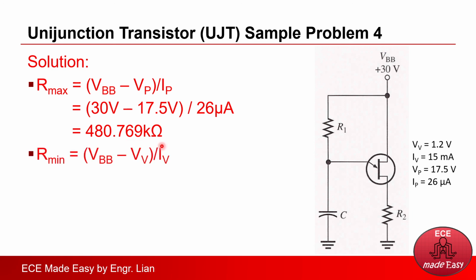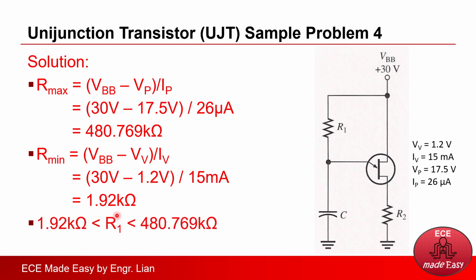For R min, VBB minus VV over IV, substituting the values shows a calculated value of 1.92 kilo ohms. Therefore, R1 must be greater than 1.92 kilo ohms but less than 480.769 kilo ohms, or R1 must be between these two values. And this is the final answer for this problem.